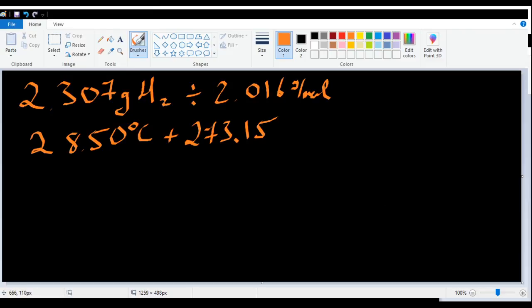And then 775.65 torr, we convert that to atmospheres by dividing by 760. Okay. So each of those conversions is mildly annoying, but not particularly difficult.